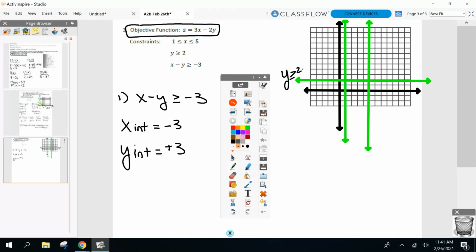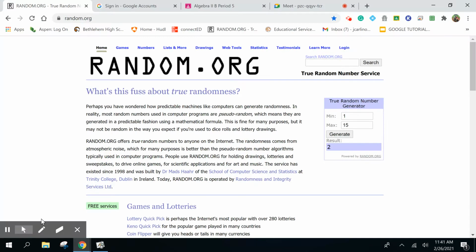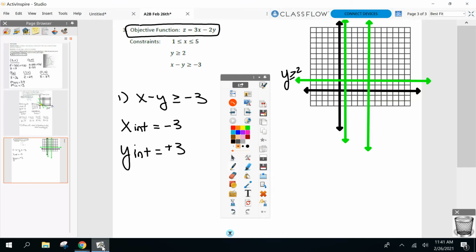All right, so I know I have to shade in between the vertical lines. Where's this one going to be? Y greater than or equal to 2, above or below? You can plug 0 in and see if it works, or think about where all your y's are greater than 2. What do we think, above or below for this one? Colin, back to you. Above or below?